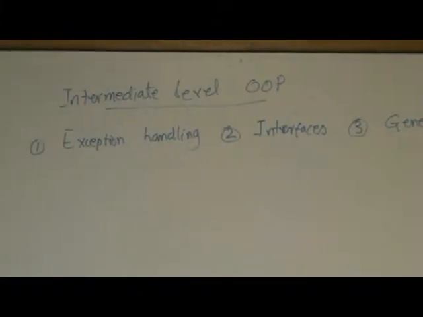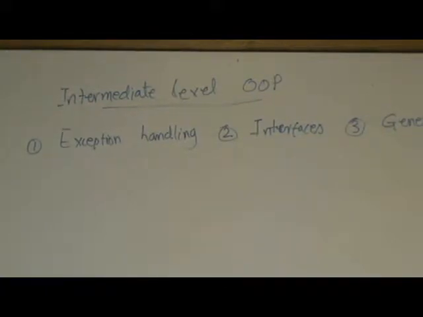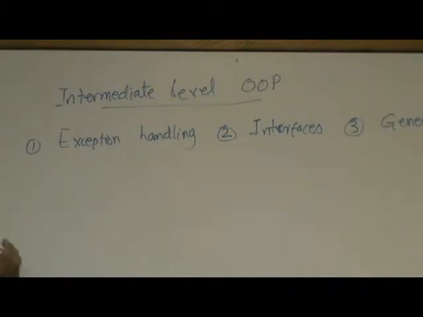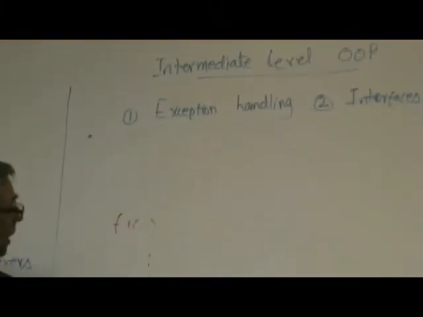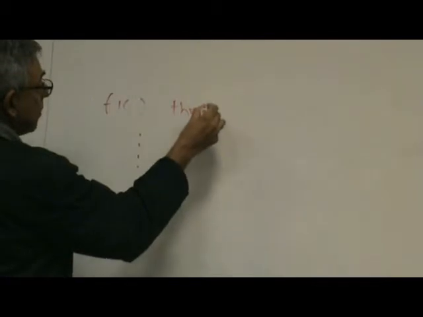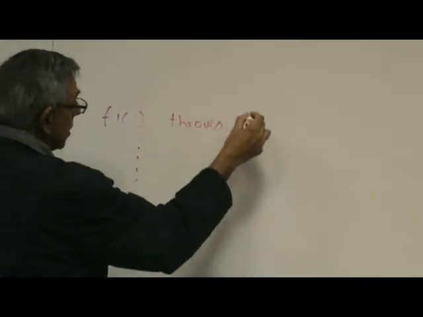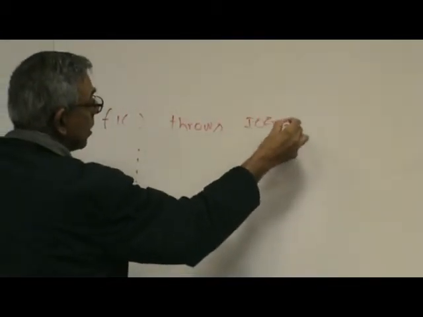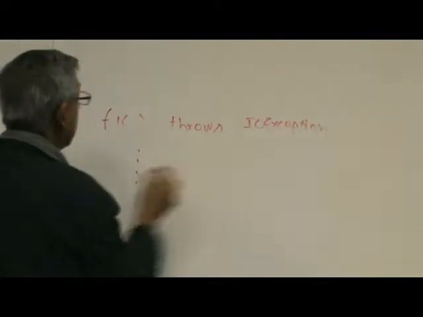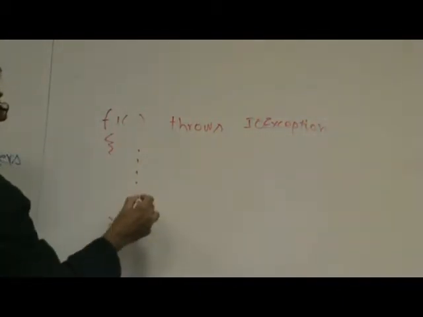So anyway, exception handling is extremely straightforward in C# compared to Java. In Java, if you wrote some method and it was going to throw some exception, you have to write a statement throws IOException, or whatever type of exception you are writing.